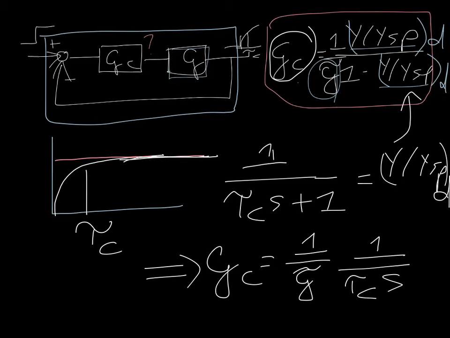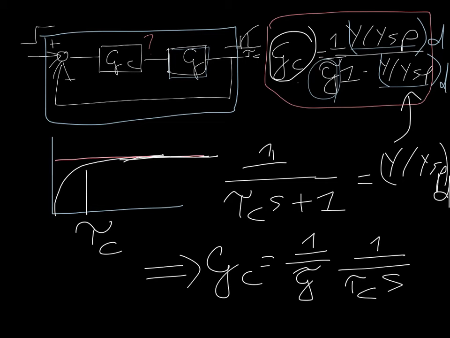So now you can kind of spot the problem here: once we've inverted G tilde, we may have a physically unrealizable GC.